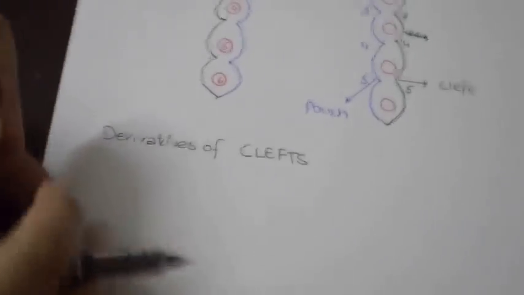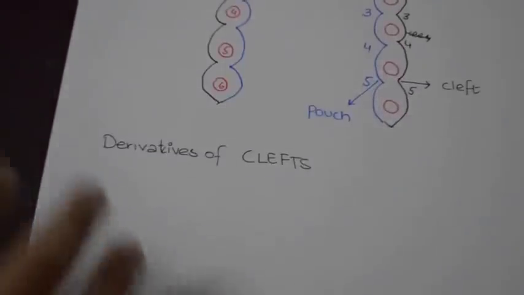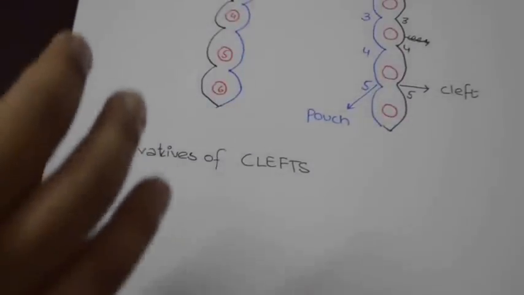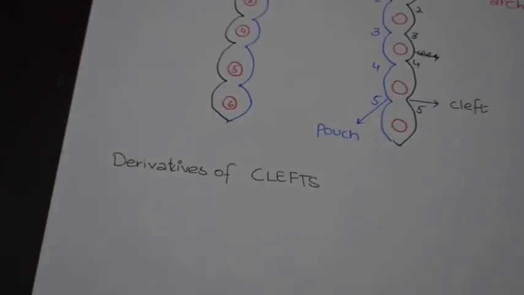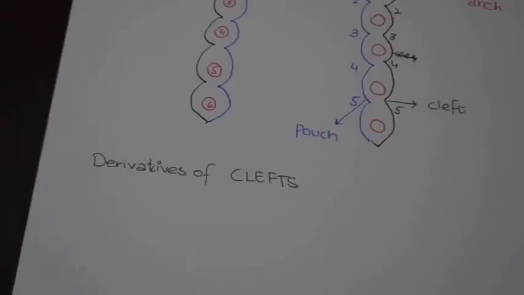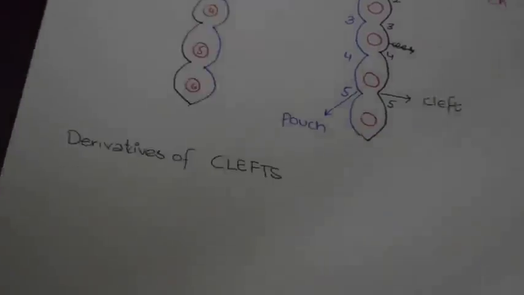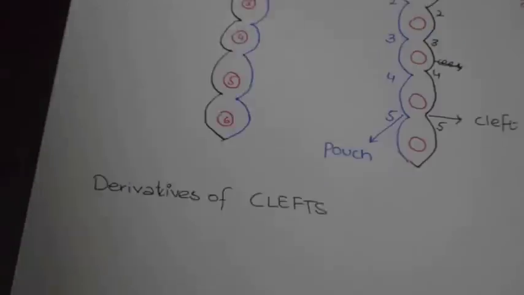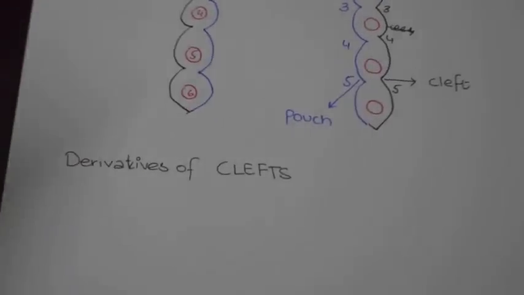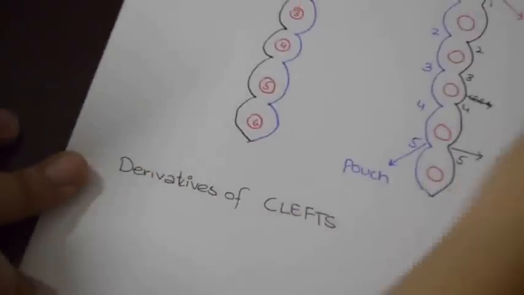Now what we need to know here is that the last 4 pharyngeal clefts are buried in the second pharyngeal arch. The last 4 pharyngeal clefts are buried in the second pharyngeal arch.